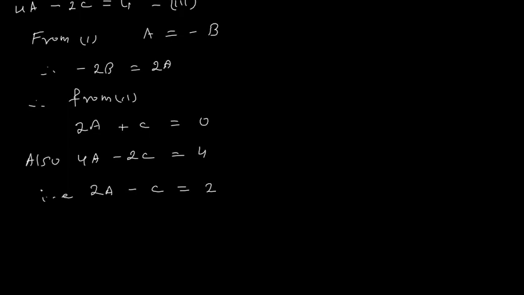So we consider this as equation 4, this is from 3. Now 2a plus c is 0 and 2a minus c is equal to 2. So let us consider this as equation 4 and this as equation 5.